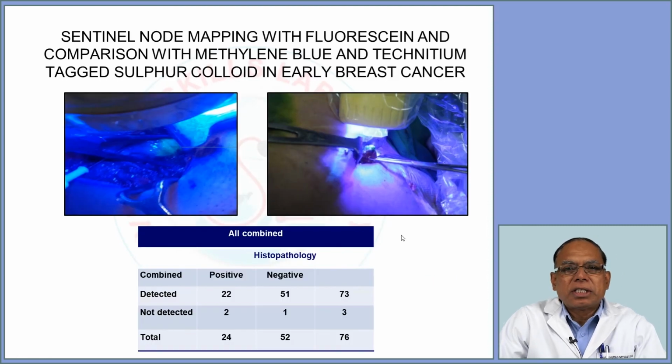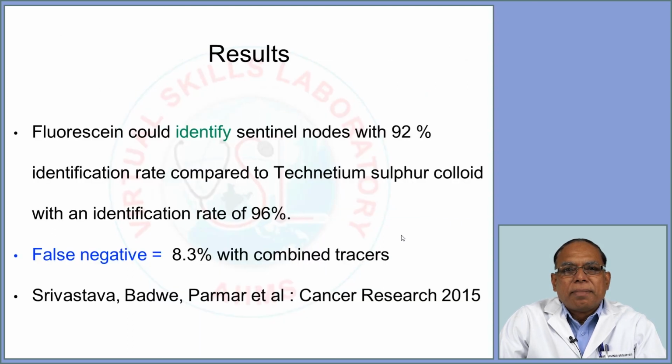The initial results of this study using a combination of fluorescein, methylene blue and radiotracer was quite encouraging, and based on that we evaluated its results at the Tata Memorial Hospital in Mumbai.